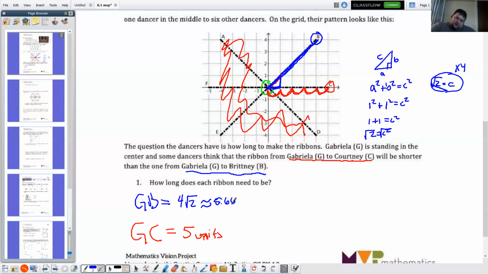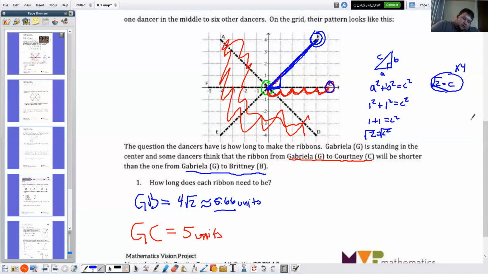Okay, 5.66 units. So that's what we're looking at. It's 5.66 units from the center here out to B out here. And it's 5 units from the center here out to C out here.